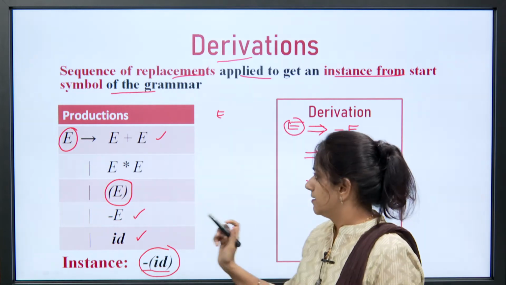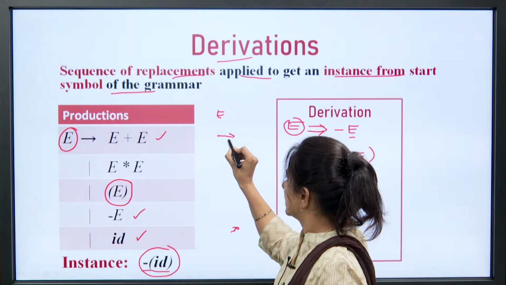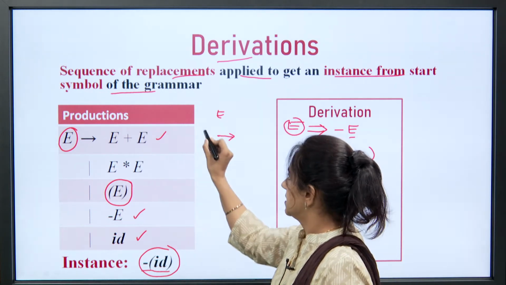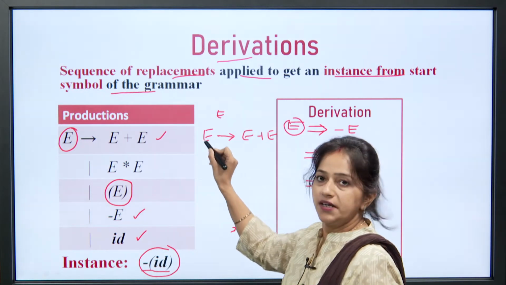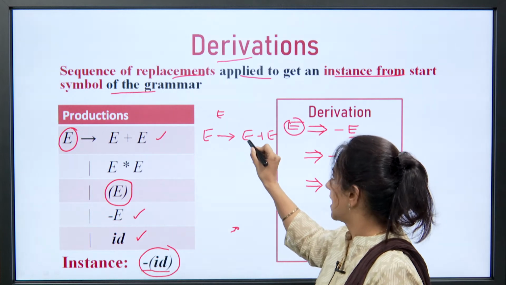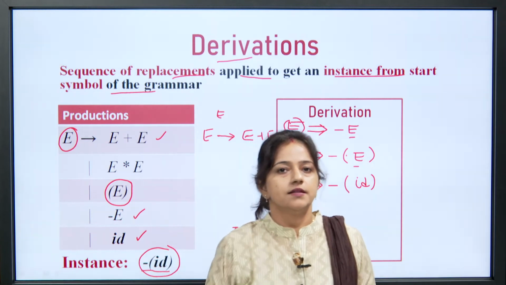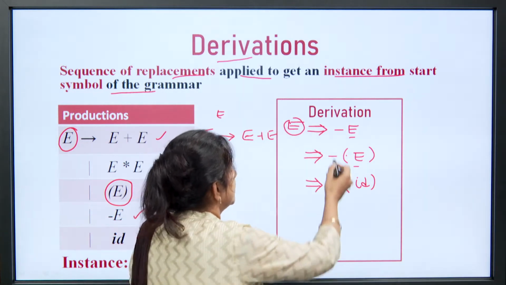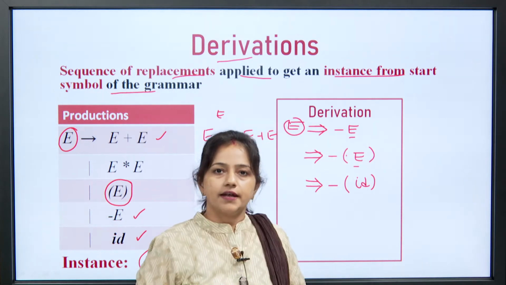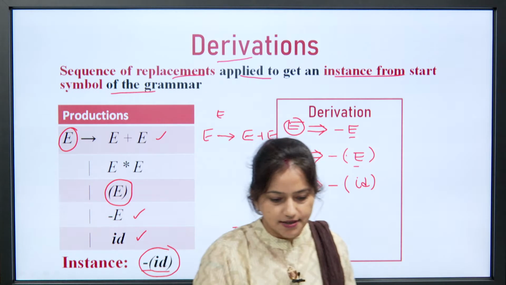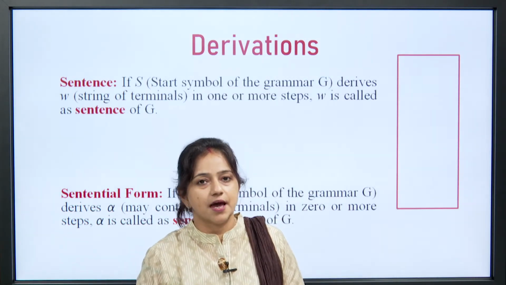Here we should take care that in E to E plus E, this is the E production, this is a non-terminal, and here we have a string of grammar symbols, and E can be replaced with E plus E. This is the syntax of writing a production, and this arrow says derives, meaning E derives minus E in one step.